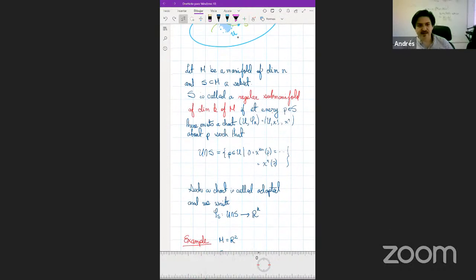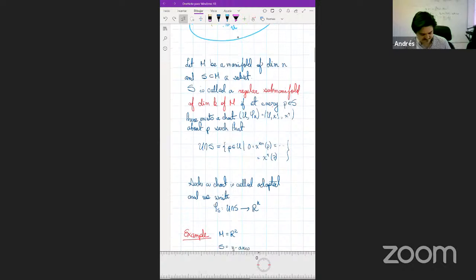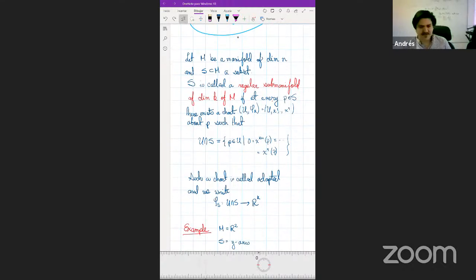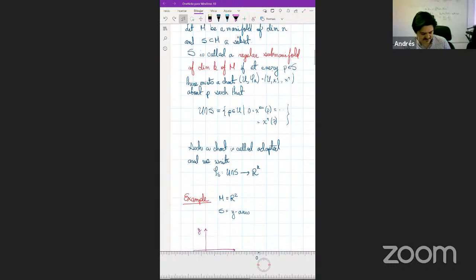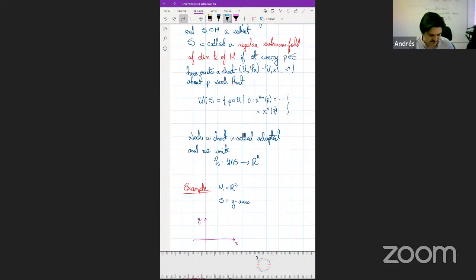So let's see examples. For instance, if I have R2 and I take S to be the y-axis, this is S. We claim that S is a regular submanifold.